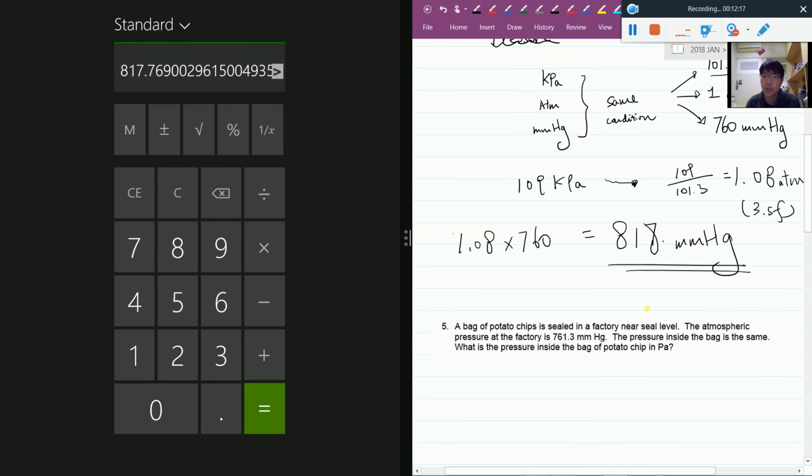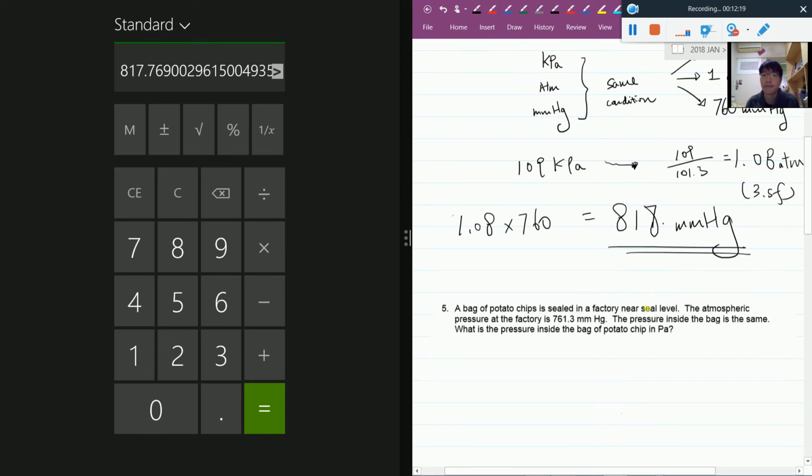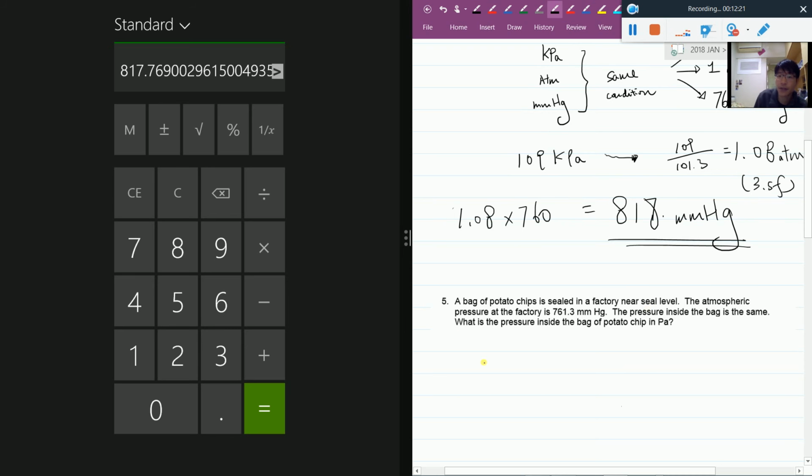What do you do to do that? Definitely the first thing is to convert that into 761.3 out of 760. That is probably 1.00-something ATM. Then for the atmosphere, you want to change it into Pascal.